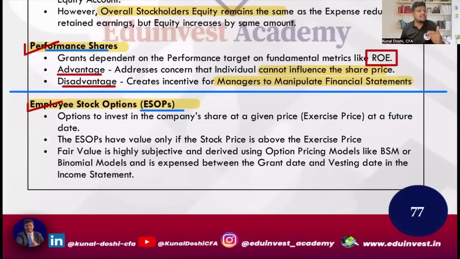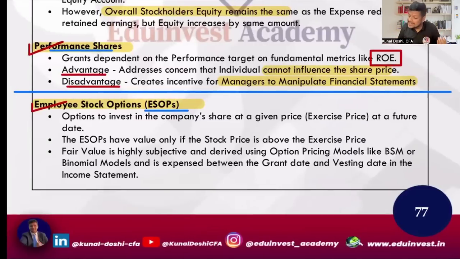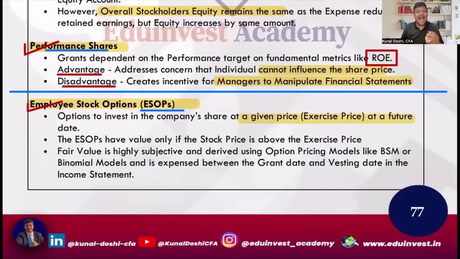These are options given to the employees to exercise the share not right now, but in the future. And in the future, if the stock price is above the exercise price, then it is profitable for the employees to exercise the option.